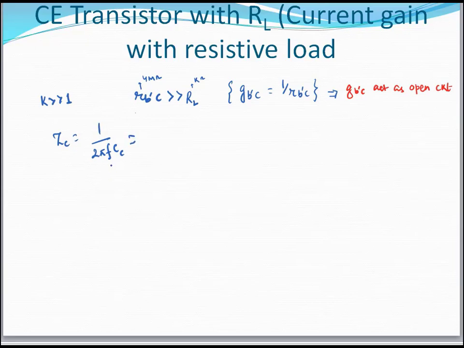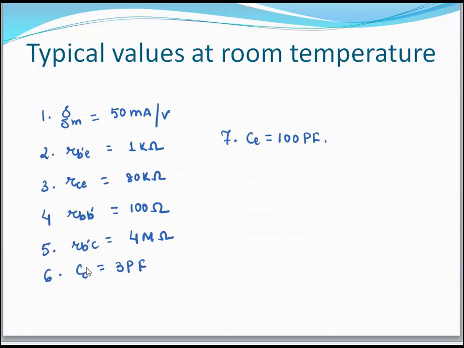And if you see that at high frequency, means for frequency in the mega hertz range, and if you see the value of CC from the typical value, the value of CC is equal to 3 picofarad, means 3 into 10 to the power minus 12.